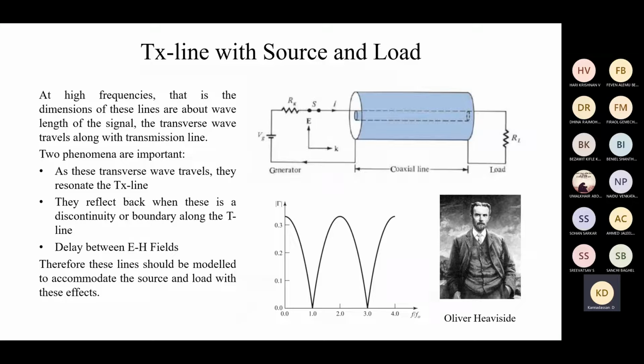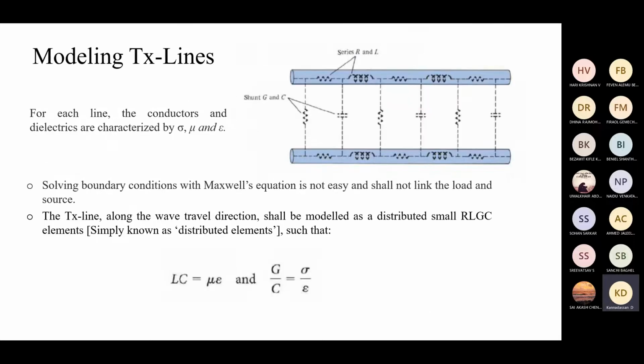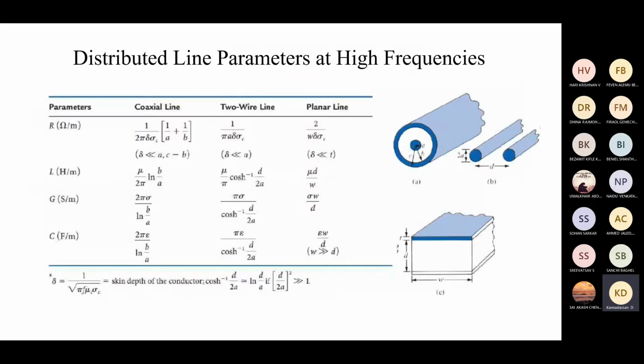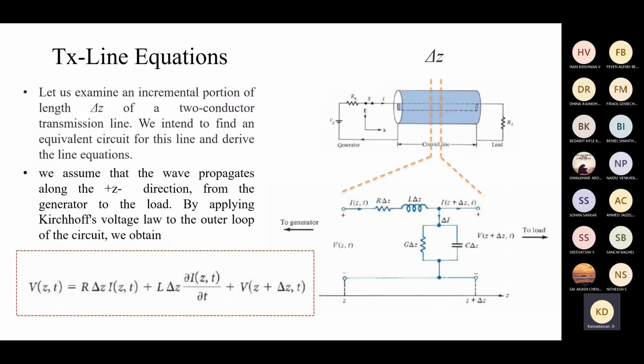The basic transmission line theory tries to describe the overall transmission line as an RLC equivalent, and by that we can even define the impedance of the transmission line with load or without load, and how it is matched with the transmission line. Everything can be described by the transmission line theory, and this theory is so successful that for more than 100 years it has been used practically in various aspects.